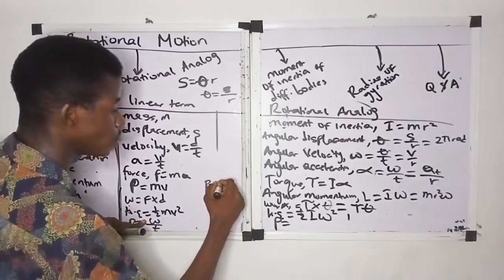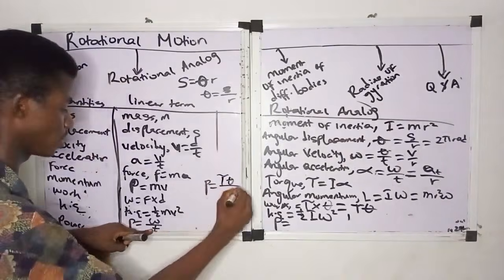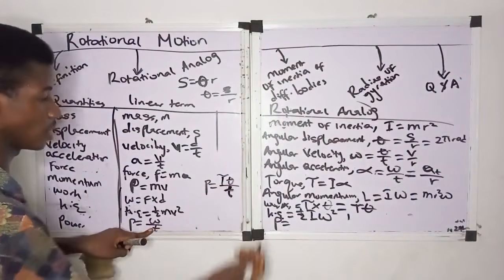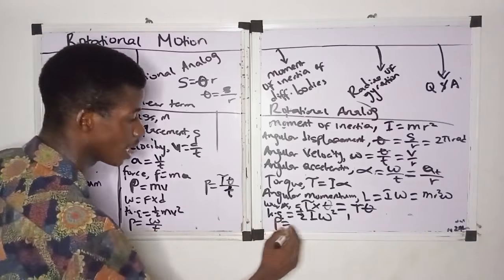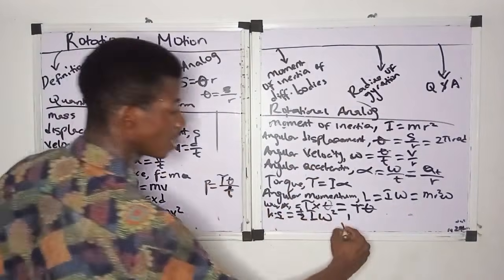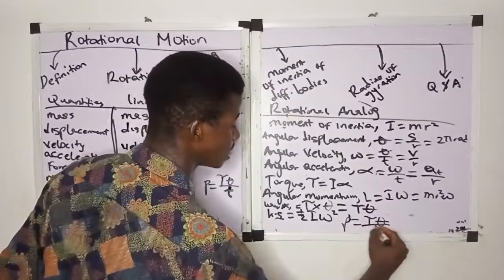So power in rotational terms is torque times angular displacement divided by time.